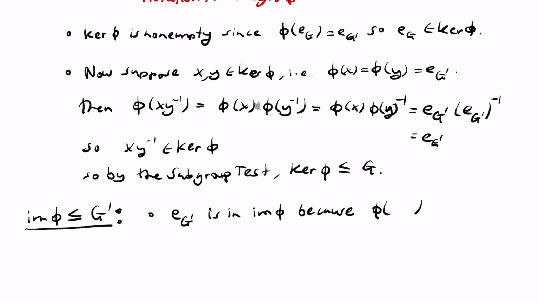Phi of something equals e of G prime. That something is e of G. So because e of G prime, the identity in G prime, is the output of something, it is an element in the image of phi. So this thing is non-empty.